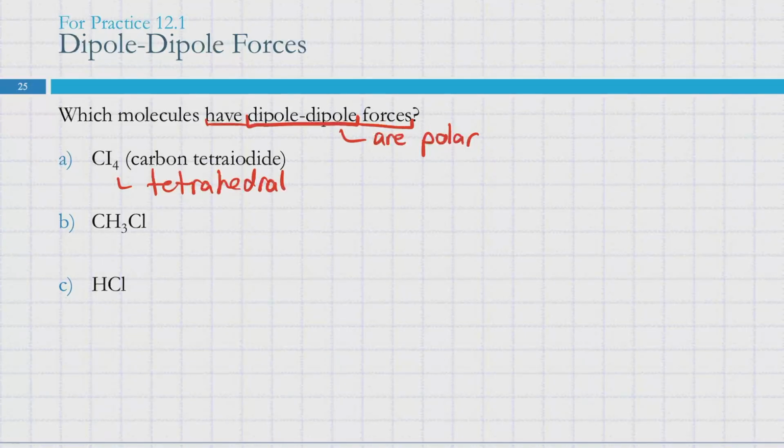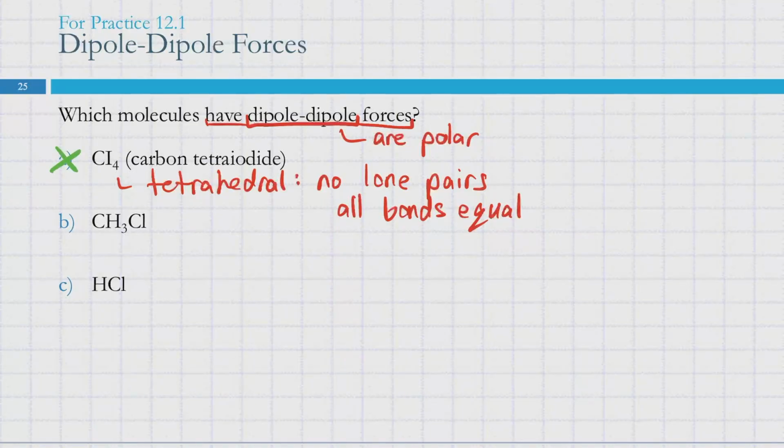That'll have tetrahedral geometry. It's not particularly important here. The important part is no lone pairs and all bonds equal. Those are the 2 conditions for the nonpolar express, our fast track method of figuring out if something's polar or not, or rather if it's nonpolar. It meets all of those, and so this one is not going to have dipole-dipole forces.